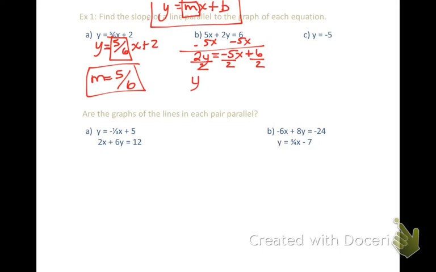So now I have y equals negative 5 halves x plus 3. Again, which one is the slope? It's the one that is right in front of the x. So my answer is m equals negative 5 halves.